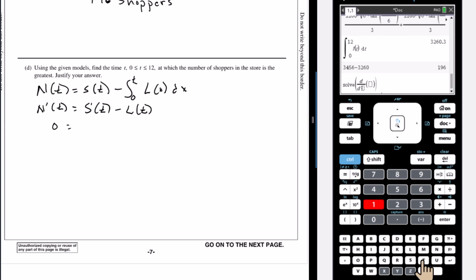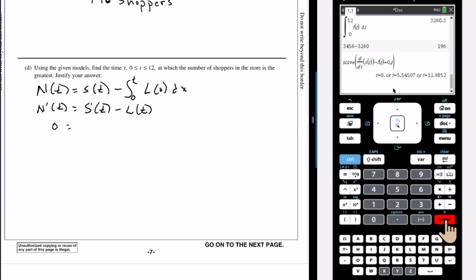The derivative with respect to t, because everything is defined as t. And this one's going to be my s of t. Okay, so I'm solving the derivative of s of t minus just L of t equals 0, and solve that thing not for x, but solve it for t. So the derivative of s minus L set equals 0, and solve for t.